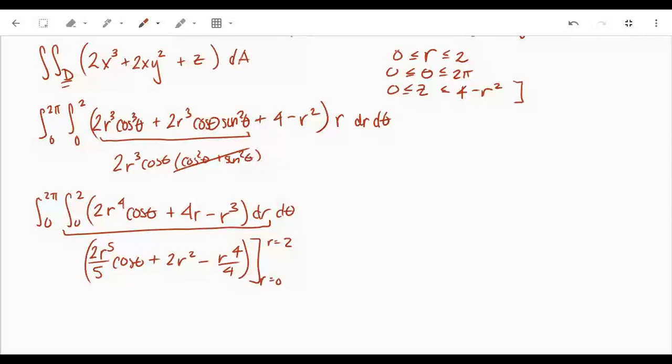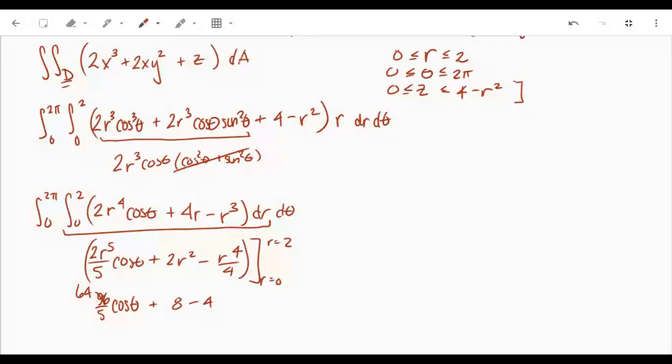So the 0 is not going to matter. I'll have 32. Let me just make sure here. Oh, I see what I did differently. Okay, I'm good. So 32, so 96 over 5 cosine theta. Oh, not 96. So it would be 32 times 2, so 64. Okay, plus 8 minus 4.